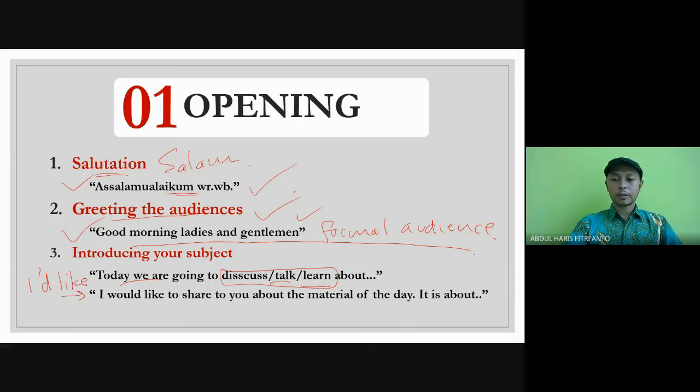Using present tense is okay. Using will is okay as well. It will be about, or it is about. I'd like to share with you about the material of the day. It is about the Constitutional Court.